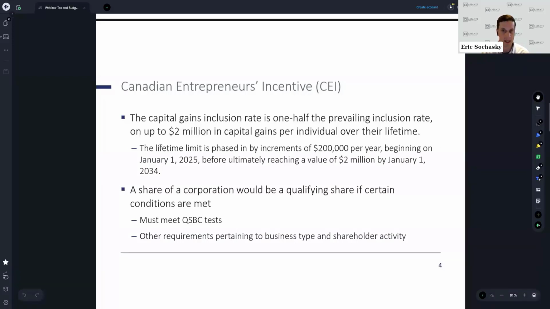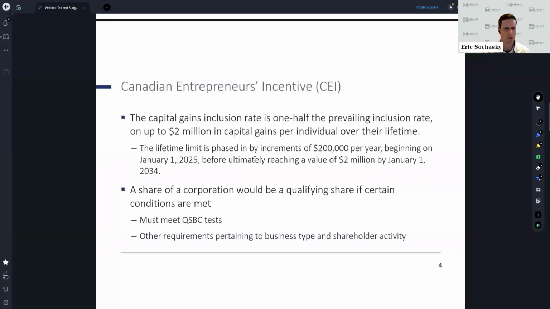So what this means is the prevailing inclusion rate going forward is going to be 66.7%. So if you sell shares and you qualify, you'll have a 33% inclusion rate instead of the 66% for up to $2 million for an individual over their lifetime. Now, this $2 million limit is phased in over time at $200,000 per year until 2034, when the full $2 million will be implemented.